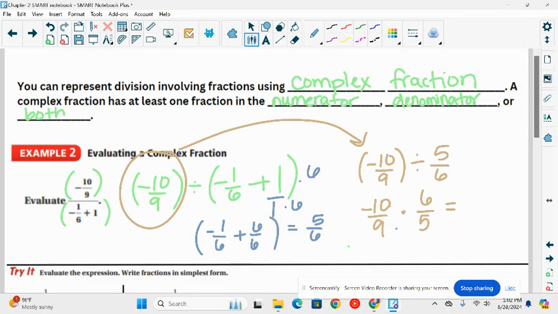Do 5 and 10 have anything in common? Yes, 5. 10 divided by 5 is 2. 5 divided by 5 is 1. Do 9 and 6 have anything in common? 3. They have 3 in common.